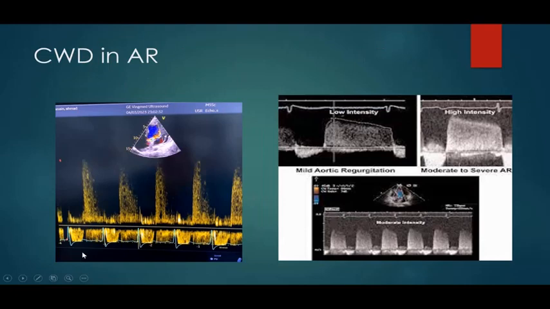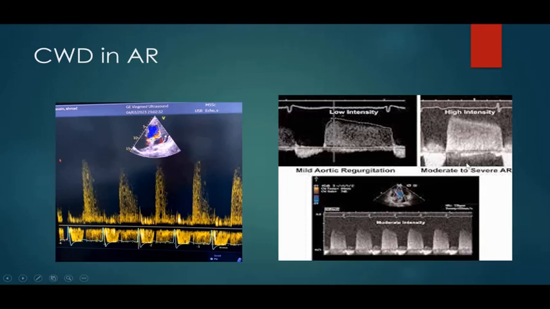When you put the continuous wave Doppler in aortic regurgitation, we will get a waveform, and the slope of the waveform will indicate the intensity of the aortic regurgitation. If you get a longer waveform, it indicates a low intensity, mild aortic regurgitation, and if a short waveform is obtained, that indicates moderate to severe aortic regurgitation. That means the pressure half time is less.